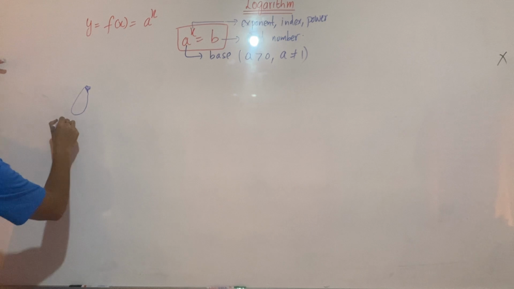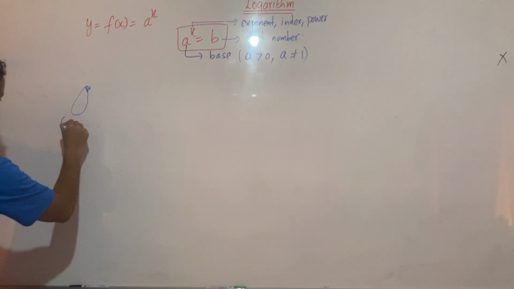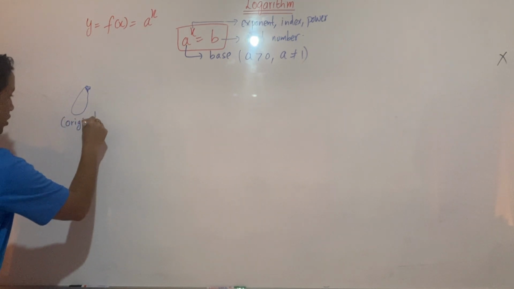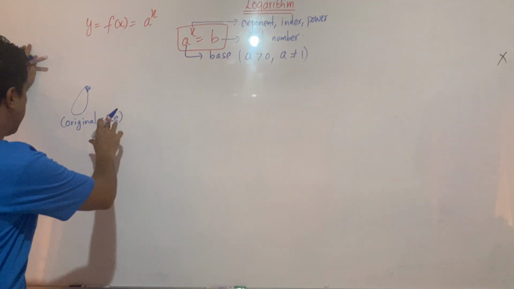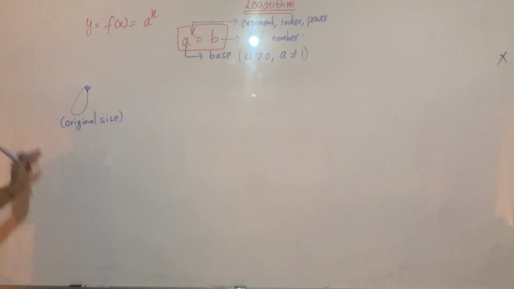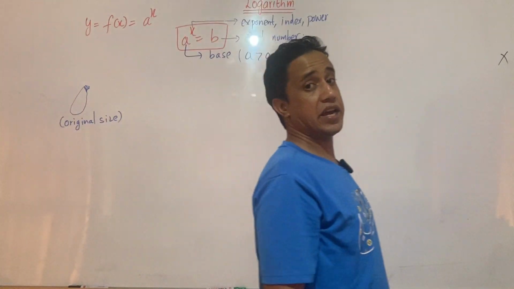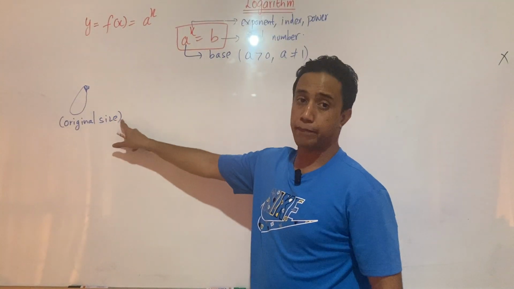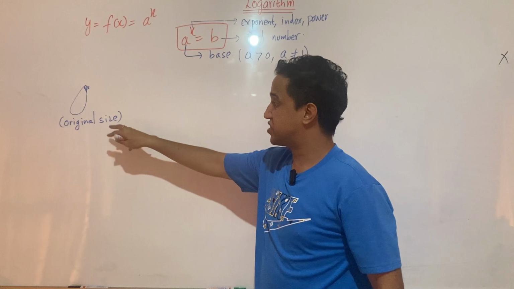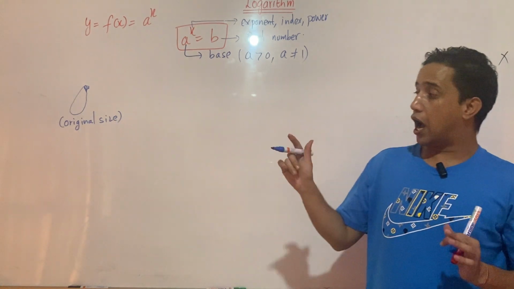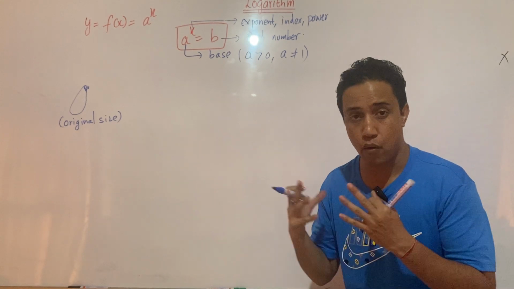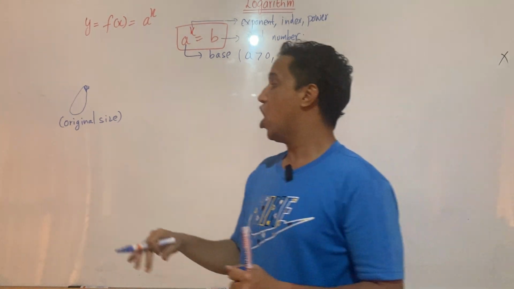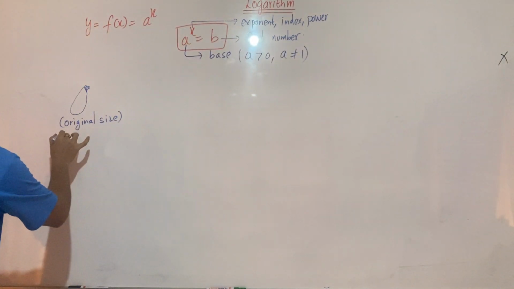Here, this is the original size. Okay, original size means it defines the shape when I bought this balloon from the market, or you can say at that time it was present in its original shape. Okay, or you can call it base.